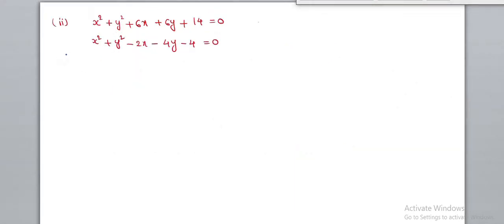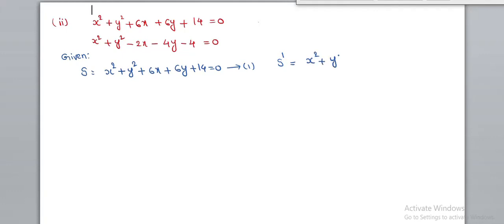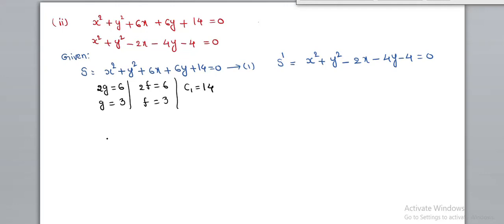So given circle, first circle S equal to x square plus y square plus 6x plus 6y plus 14, equation number 1. And second circle S dash equal to x square plus y square minus 2x minus 4y minus 4 equal to 0. So comparing, 2g equal to 6, g is equal to 3. 2f equal to 6, f equal to 3, c1 equal to 14.